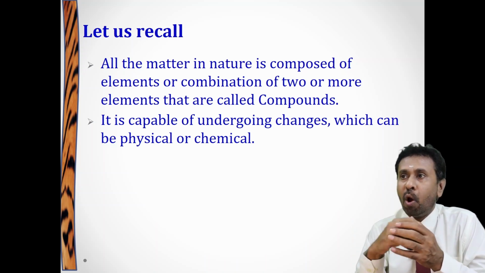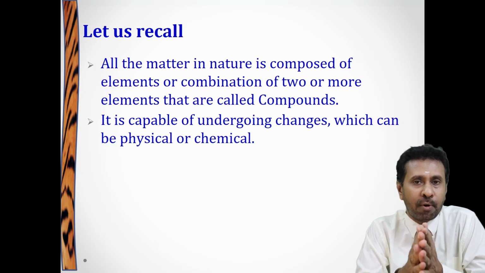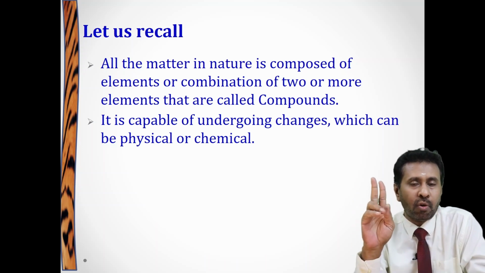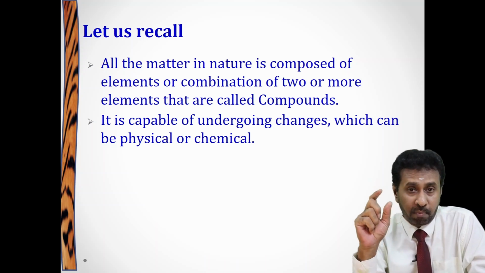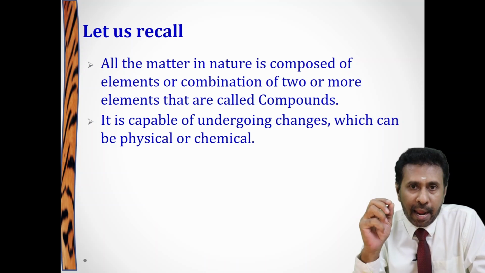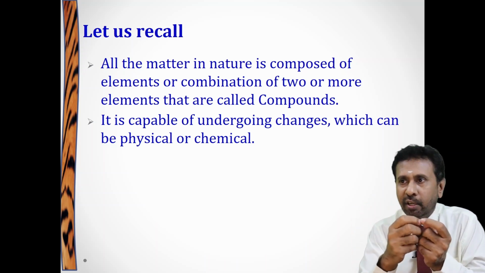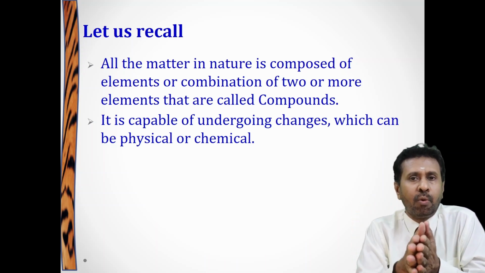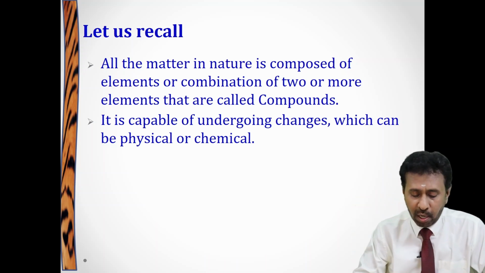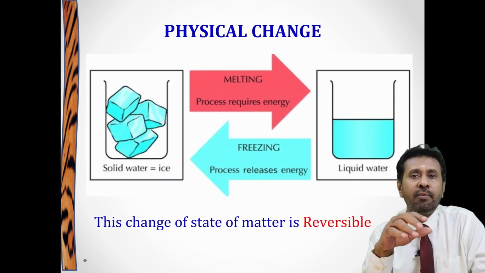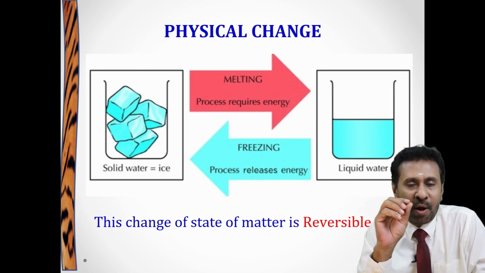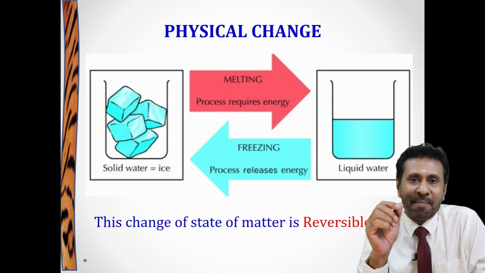So, let us recall. All the matter in nature is composed of elements or combinations of elements. When two or more elements combine, they form something called a compound. These compounds are capable of reacting with each other, and these changes could be physical or chemical. This is just a recall. Now let's see what physical changes are. A physical change is a change of state of matter. One classical example is water.